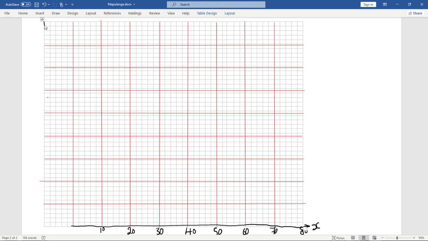Okay, so I'll have to put my y-axis just outside here, on the edge.